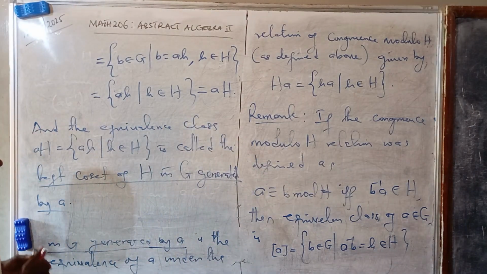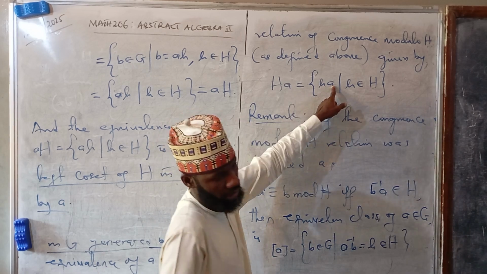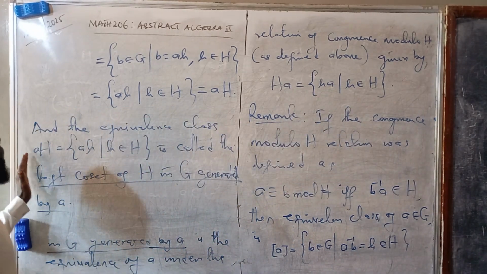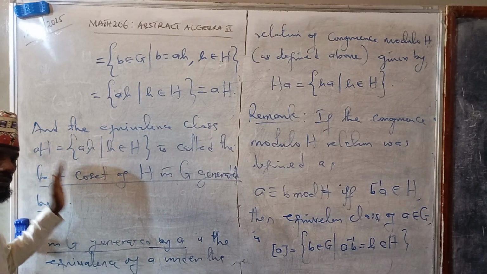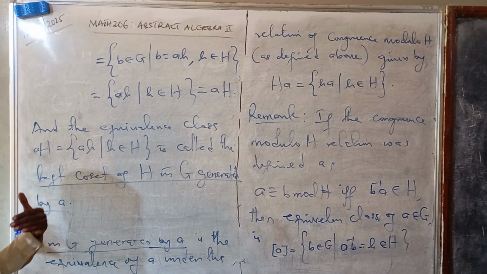You know, for the right coset, you are multiplying A from the right of the element of H, and for the left coset, you are multiplying A from the left of the element of H. So this may not be the same.